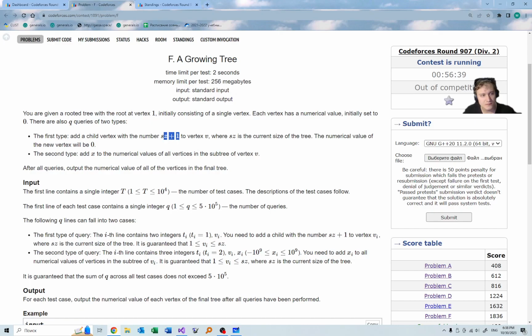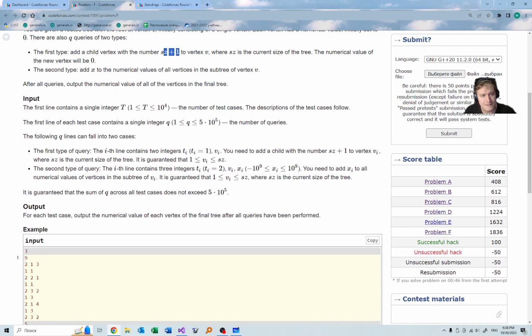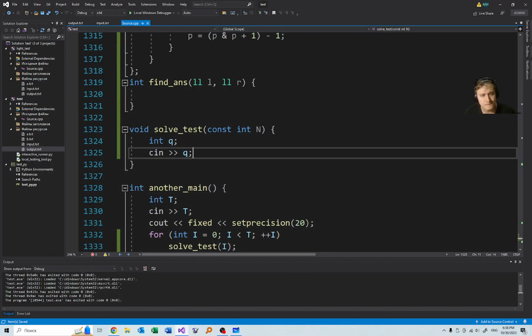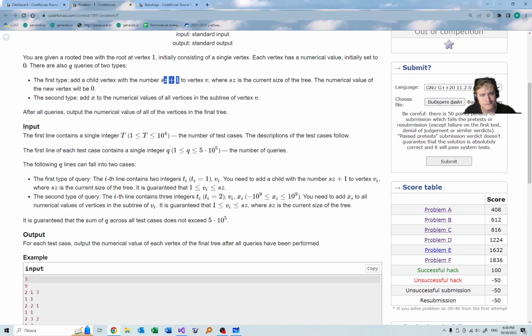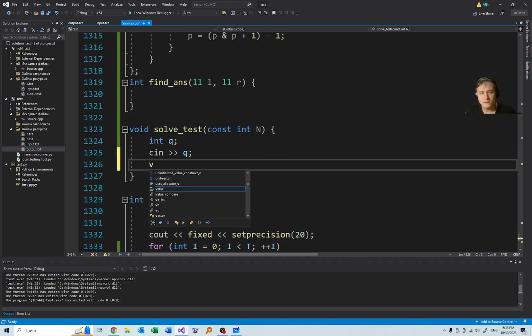There are two types of queries, which can be stored as a vector of pair of int.